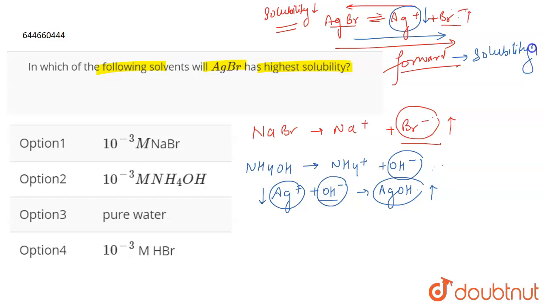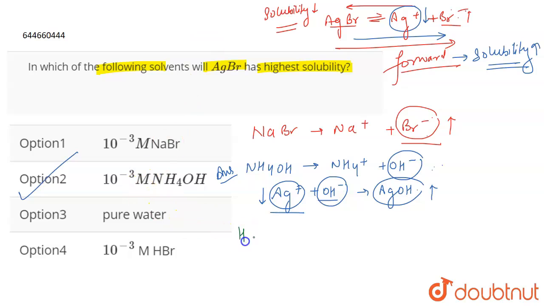Solubility is going to increase because in this case, the concentration of Ag plus ions is decreasing. To counter the change, we have to shift the equilibrium to the forward direction. Therefore, the solubility increases in this case, and the correct answer for this question is given in option number 2. But we'll see other options as well.